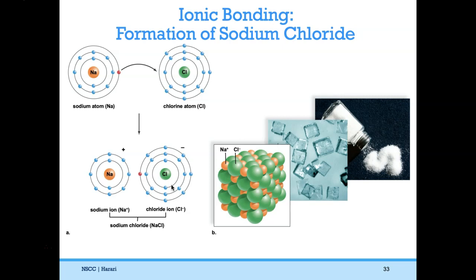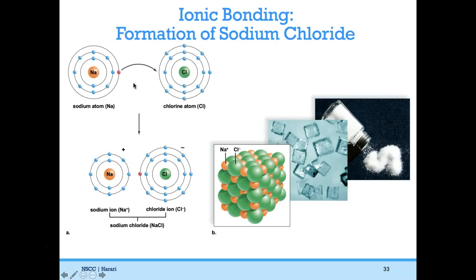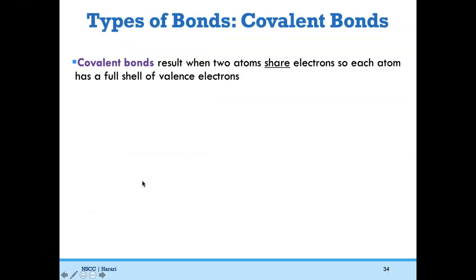So that's ionic bonding. Again, in ionic bonding, you remember, there is a transfer of electrons. Ionic bonds happen when electrons are transferred from one atom to another. Covalent bonds result when two atoms share electrons, so each atom can then have a full shell of valence electrons.